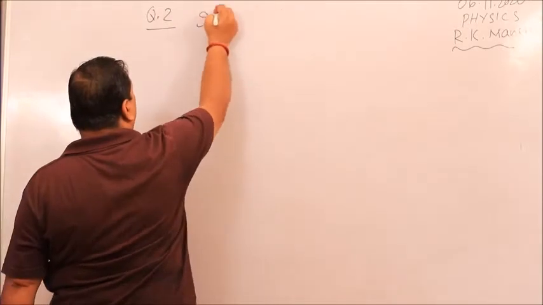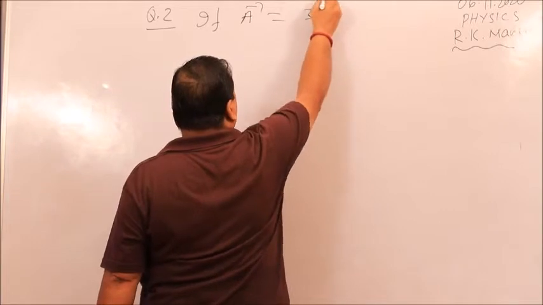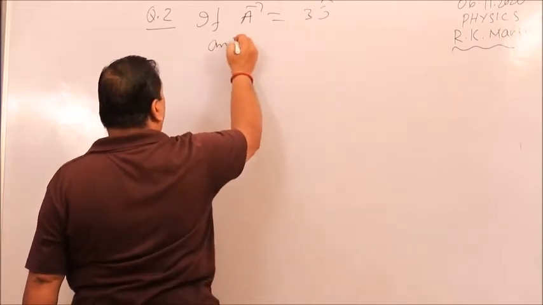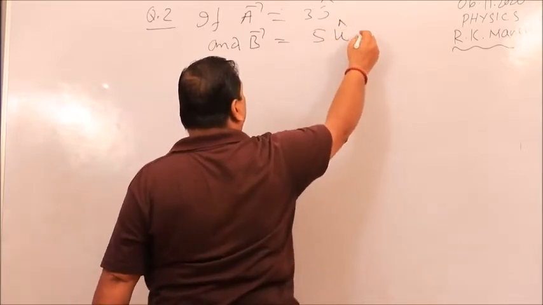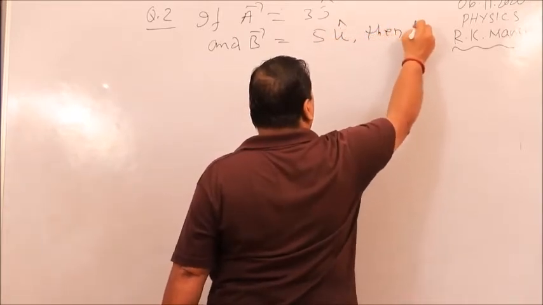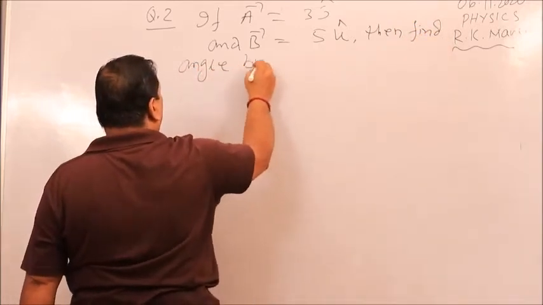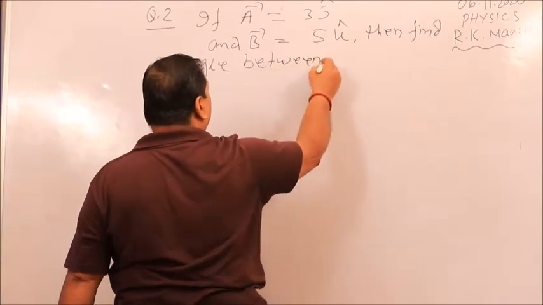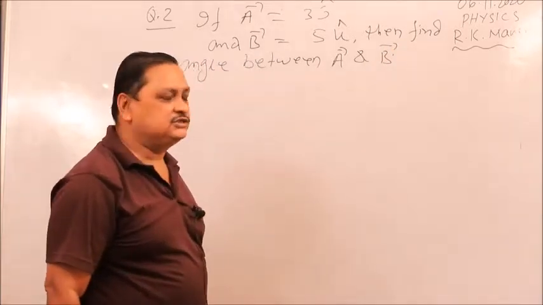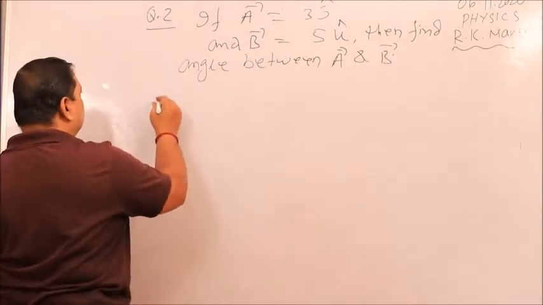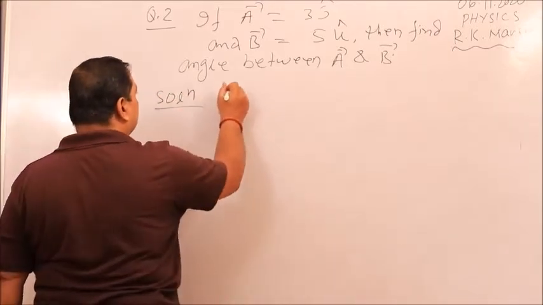Another question: if A equals 3j cap and vector B equals 5k cap, then find the angle between vector A and vector B. This is the question. In a similar process, we can find the angle between vector A and vector B.